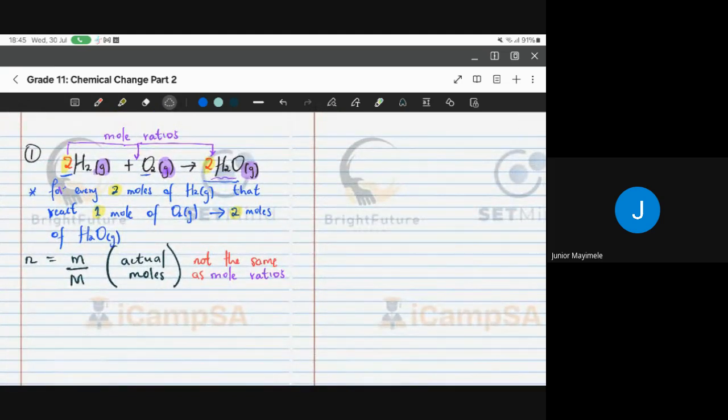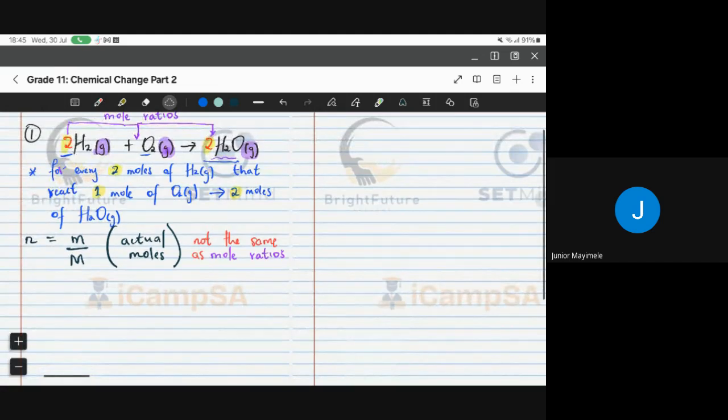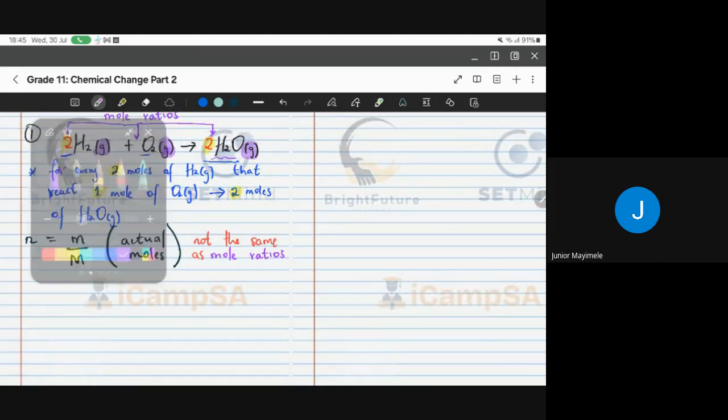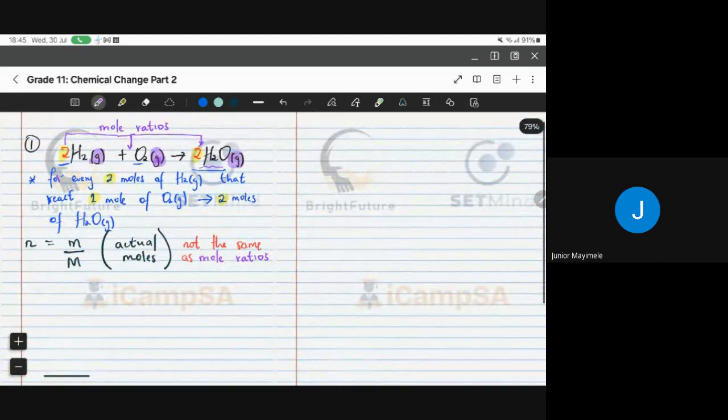Right. So going back to our point, what we are trying to do here is to show you the relationship of these ratios for gases.